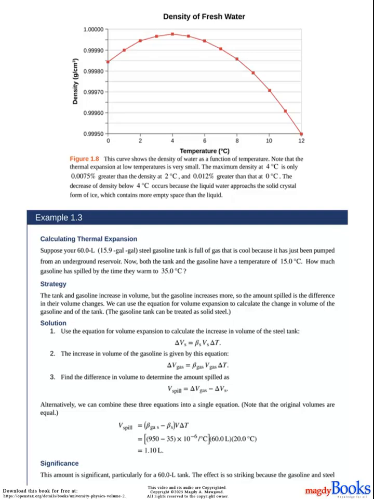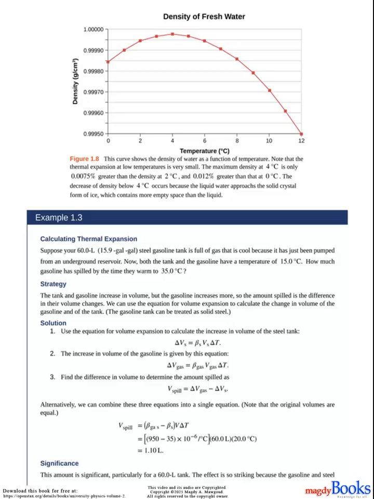Use the equation for volume expansion to calculate the increase in volume of the steel tank. Delta V_S equals beta_S V_S delta T. 2. The increase in volume of the gasoline is given by this equation. Delta V_gas equals beta_gas V_gas delta T.